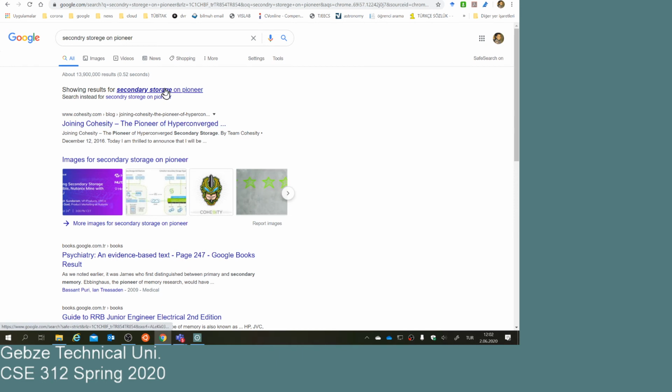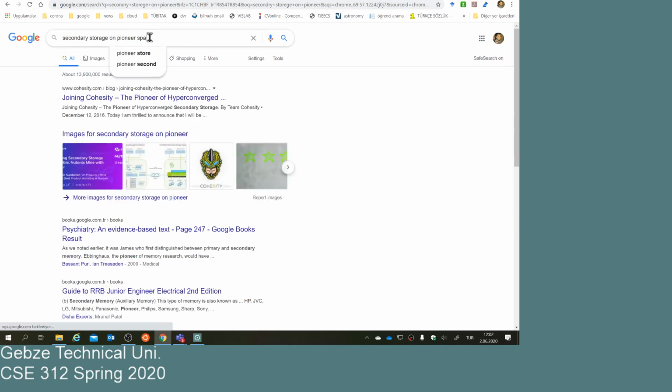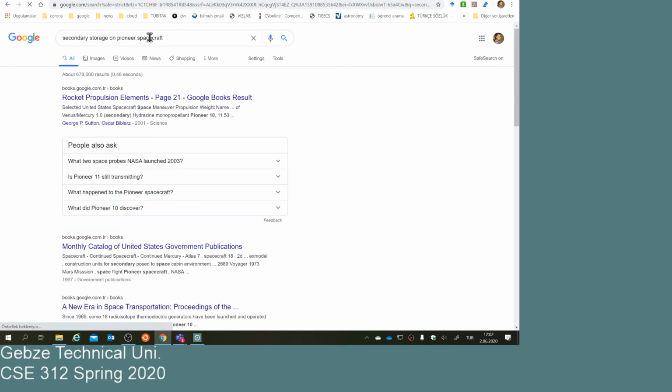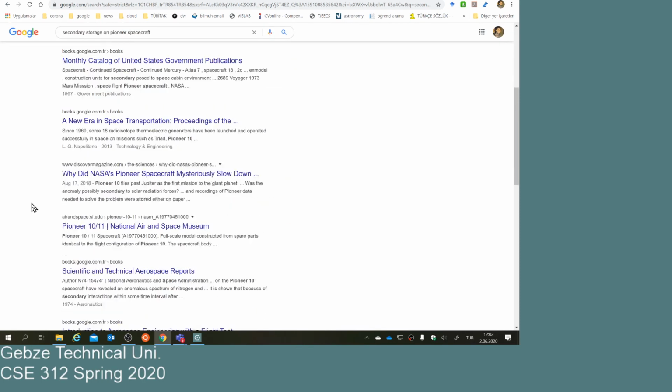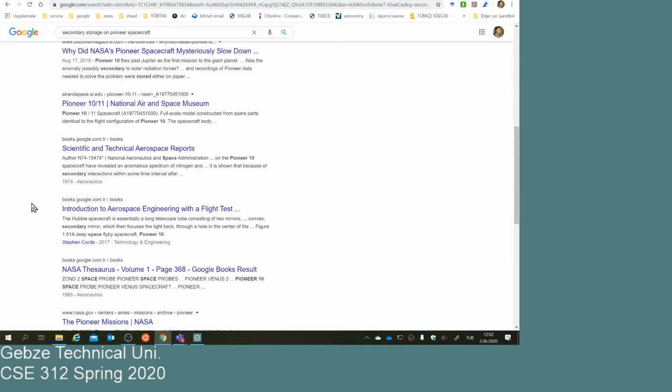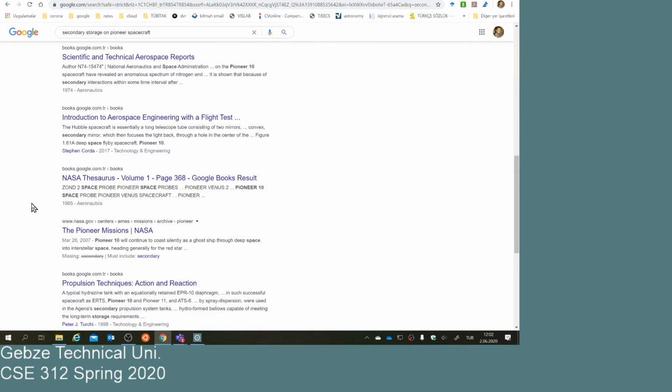I don't think I'm going to find that information, because in the 1970s small hard drives were not available. I think they are keeping everything in the main memory.